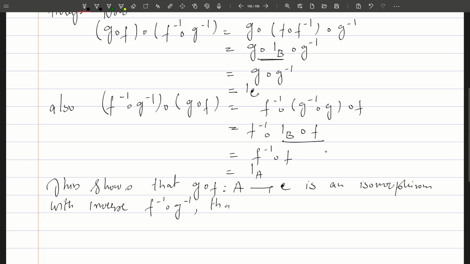That is, the inverse of the map g composite f is the map f inverse composite g inverse.